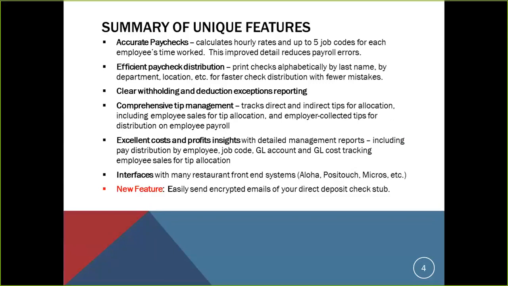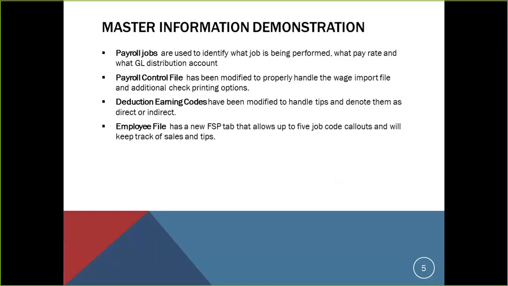I already mentioned the fact that we do integrate to front-end point-of-sale systems. And we also, actually about a year or so ago, added a new feature which allows you the ability to send encrypted emails for your direct deposit employees so they can receive their check stub in email which is encrypted with a password. And I am going to turn this demo over to Jerry.